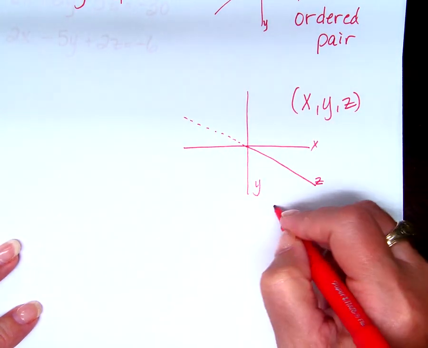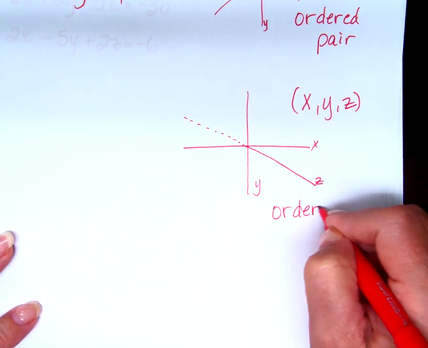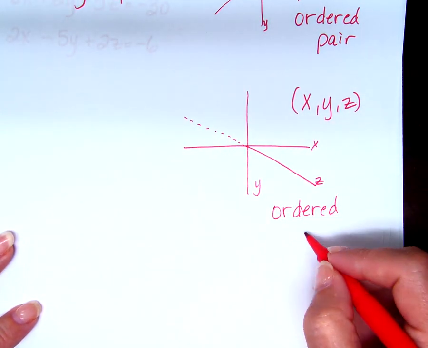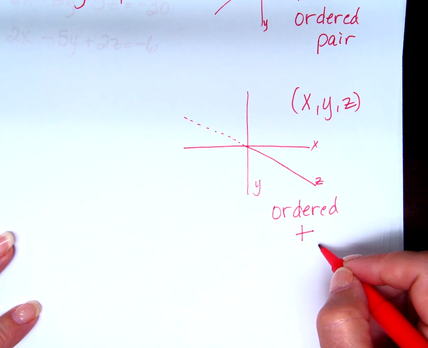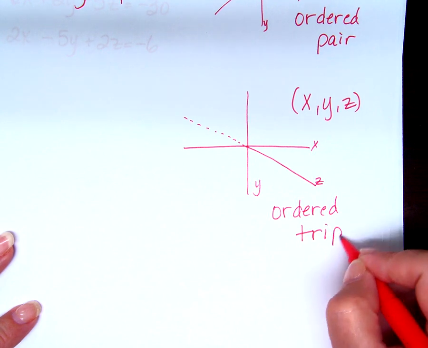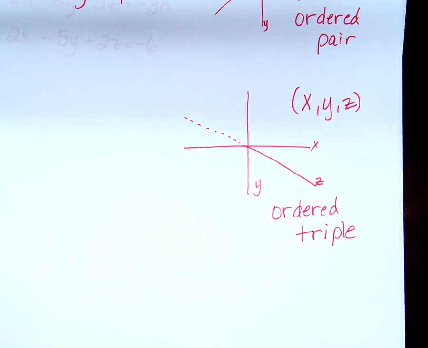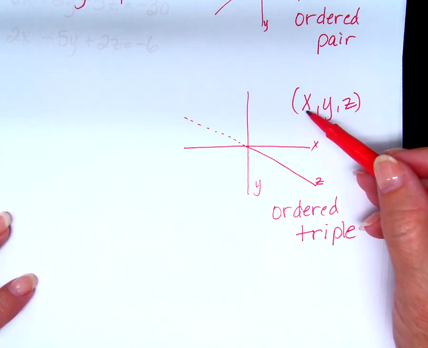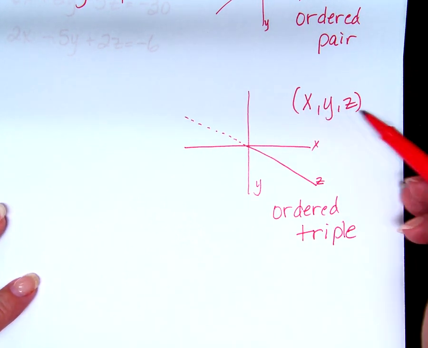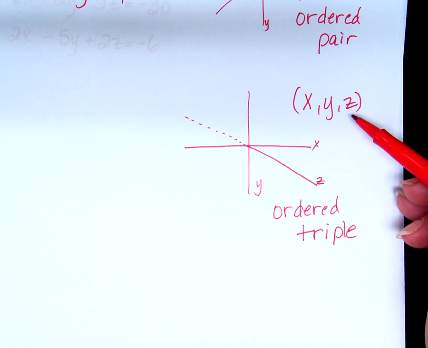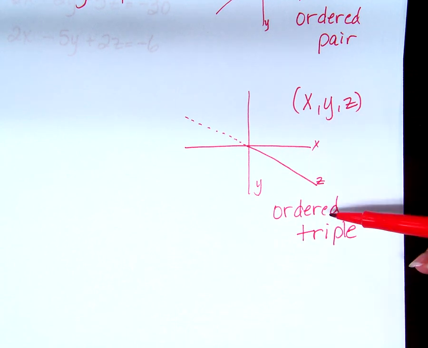It's called an ordered triple. It's an ordered triple because we still write it x, y, z. We still write it as a point because it is a point of intersection, but it's a point of intersection in 3-dimensional space, so it's called an ordered triple.